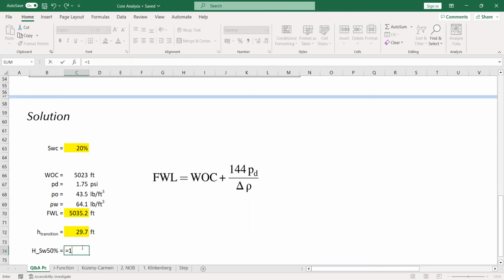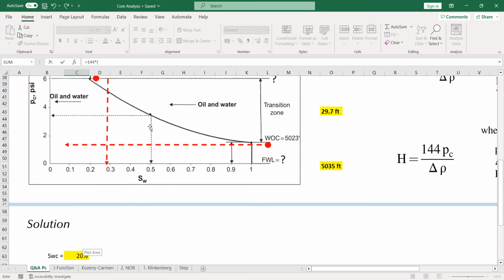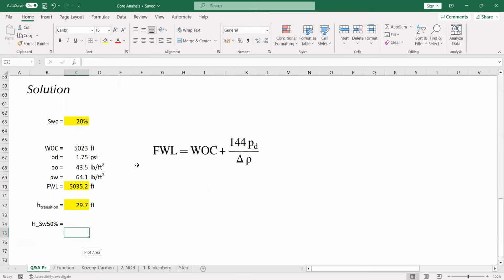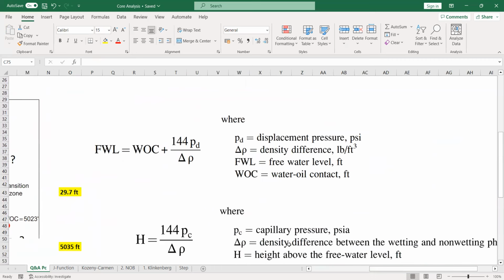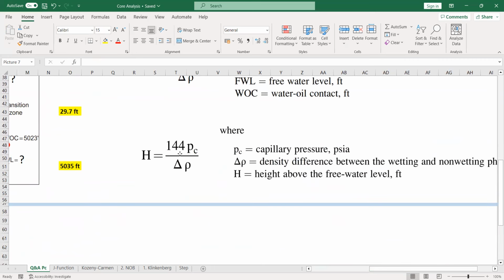The solution will be like this. So it's 144 multiplied by here. So the Pc here, by the way, just check it. Depth to reach 50% water saturation. So the solution is here.